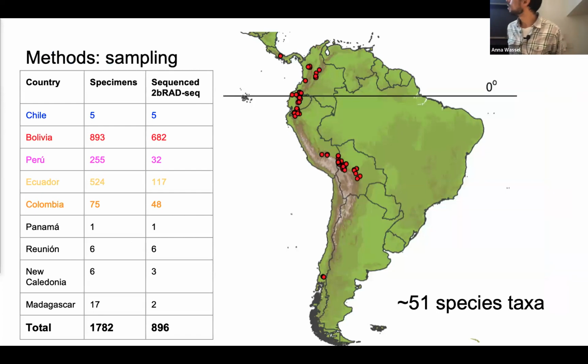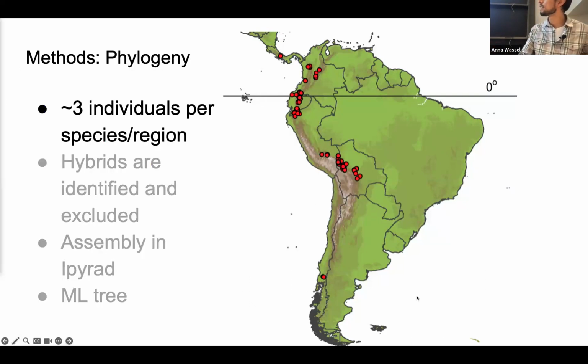So for this purpose, our team has gathered more than 70,000 specimens across the neotropics in Chile, Bolivia, Peru, Ecuador, Colombia. But we're also planning to sample in Costa Rica, gather some samples from the rest of the range of the species. So far we have collected around 51 species taxa.